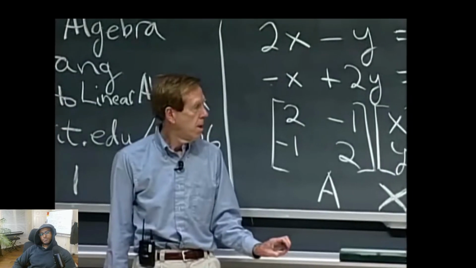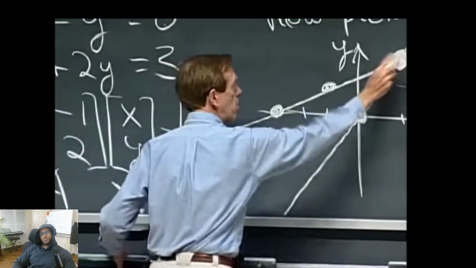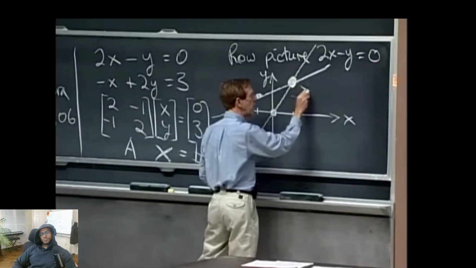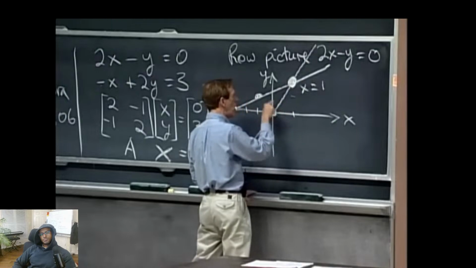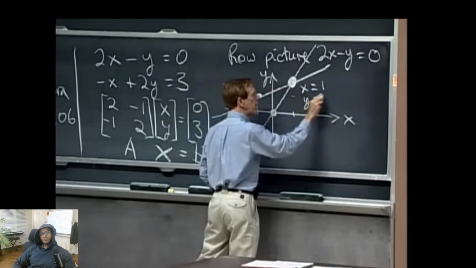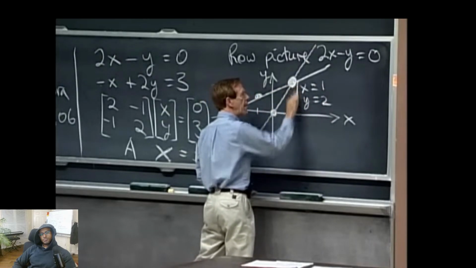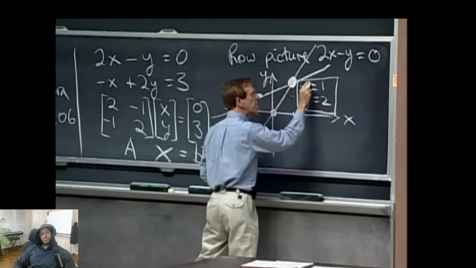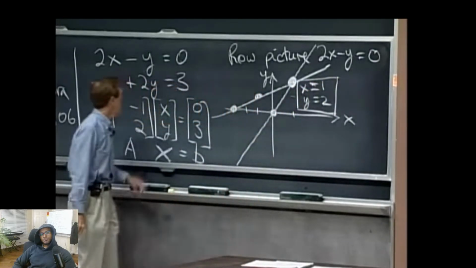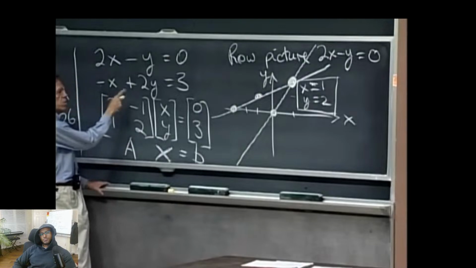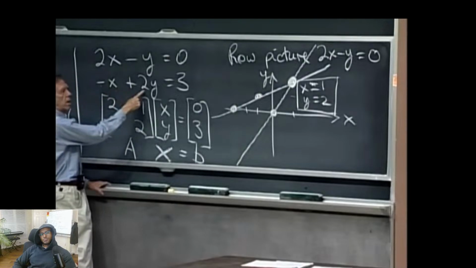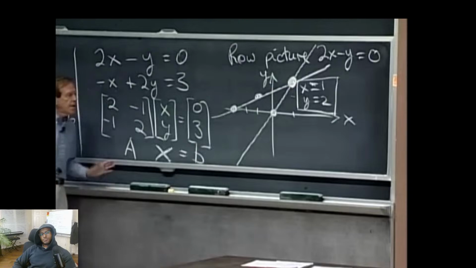And this is the all-important point that lies on both lines. So we just checked that that point, which is x equal 1 and y equal 2, is there. And that, I believe, solves both equations. Let's just check this. If x is 1, I have a minus 1 plus 4 equals 3.